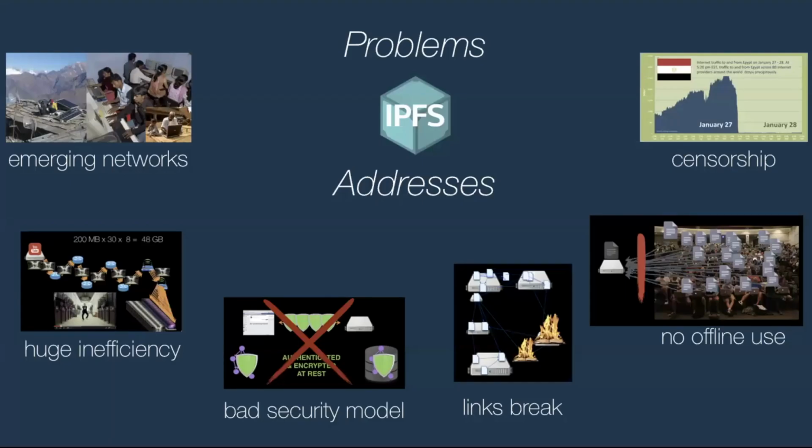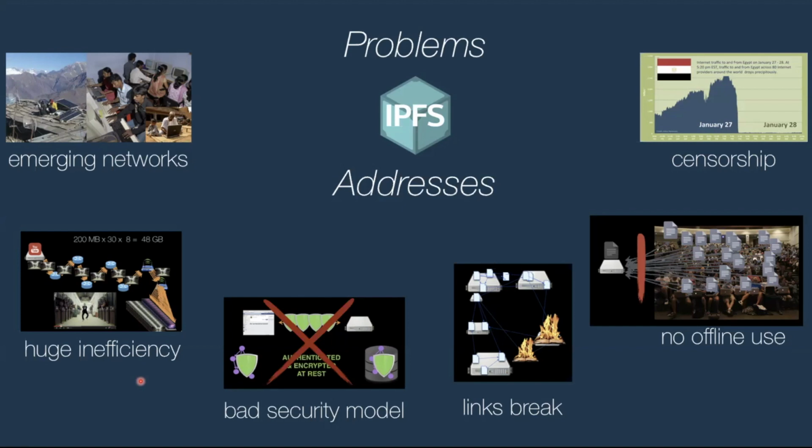Some of the problems of the current web are that it can be censored. We have seen governments in several parts of the world censoring and even cutting the traffic around the networks. This group, I'm pretty sure, knows very well about the inefficiency of transmitting content: when we have several different requests for the same piece of content, it's totally inefficient to have several different copies of it being transmitted.